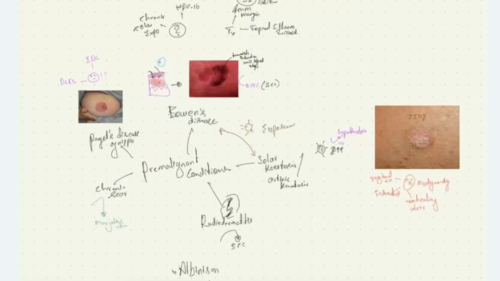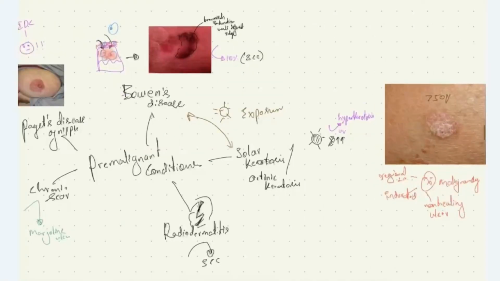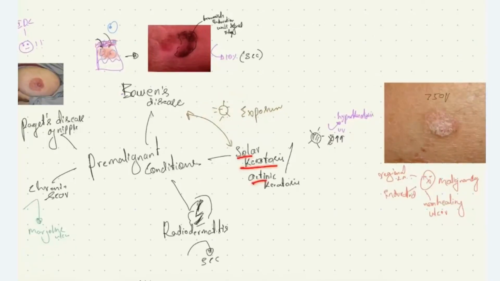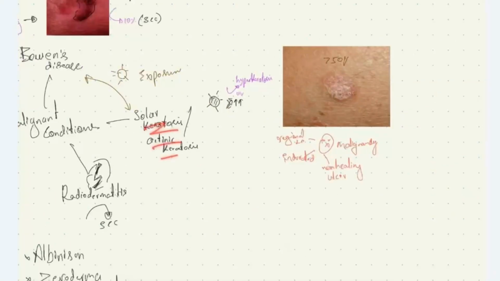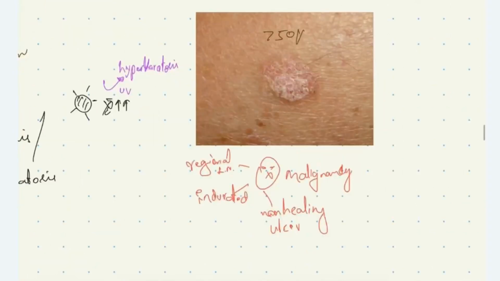We also have another condition developing due to sun exposure, that is solar keratosis or actinic keratosis. Solar keratosis is a condition due to chronic exposure to UV light, sunlight, leading to hyperkeratosis, an increase in thickness of the stratum corneum, leading to a scaly lesion. It is usually seen in people more than 50 years of age.